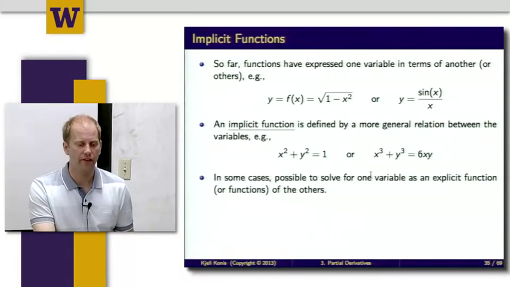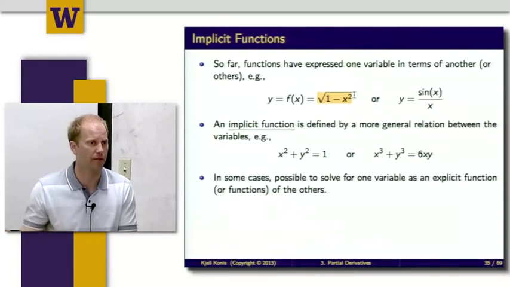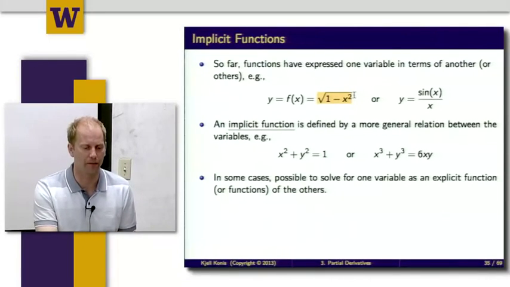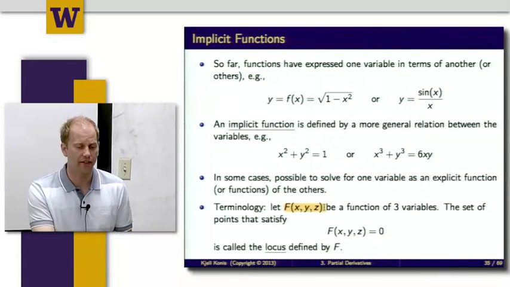So in some cases, you can just solve for one variable in terms of another. Any function that I can write as f of x equals some expression of x, I could just move all of that to one side of the equal sign and say it's an implicit function. And the way we're actually going to define this is I'm going to say that f of x, y, z is a function of 3 variables.